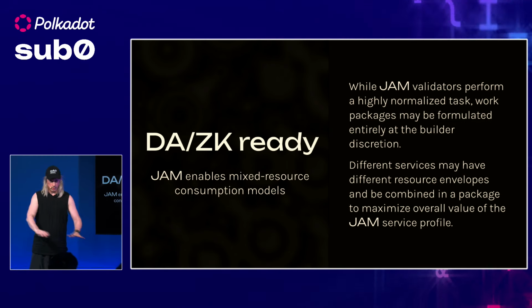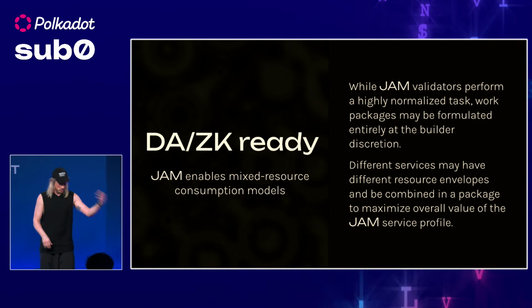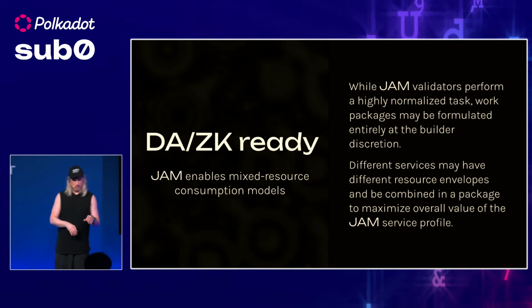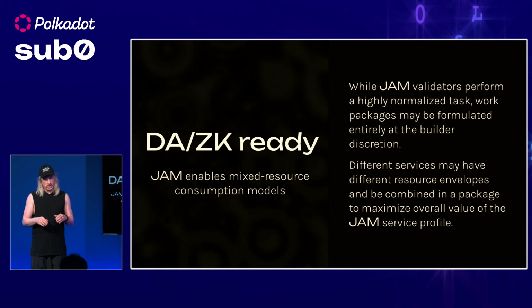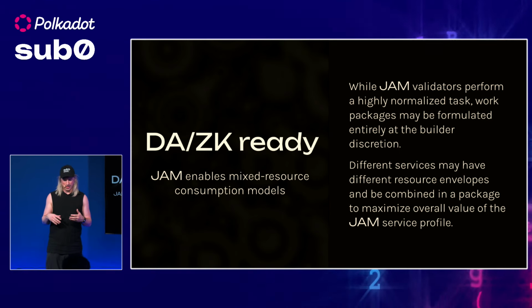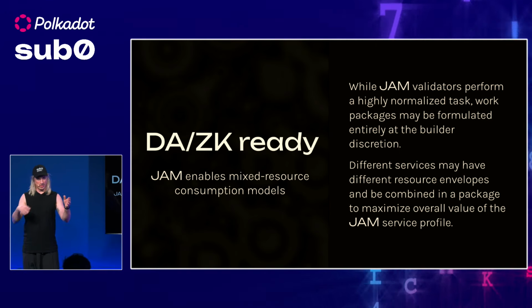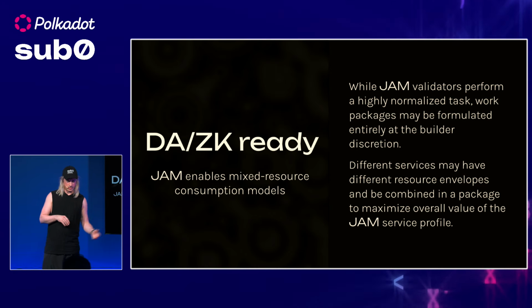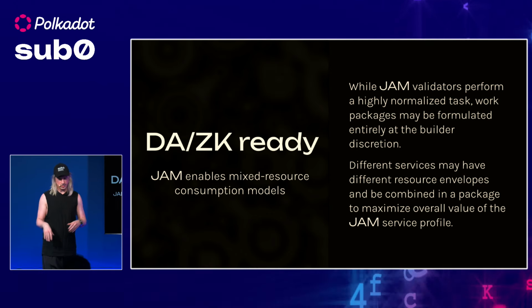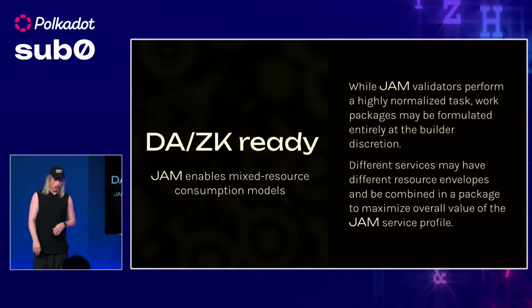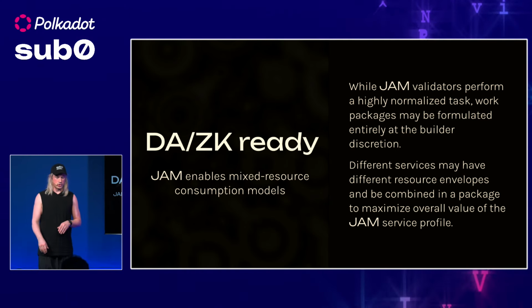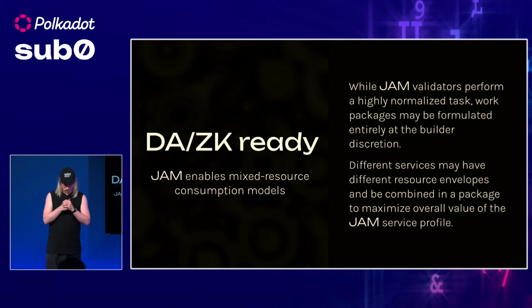This underlying consensus, secure, resilient resource that the validators provide. It makes doing certain more exotic things, like the usage of distributed availability for things like zero-knowledge proofs, much more sensible and efficient.